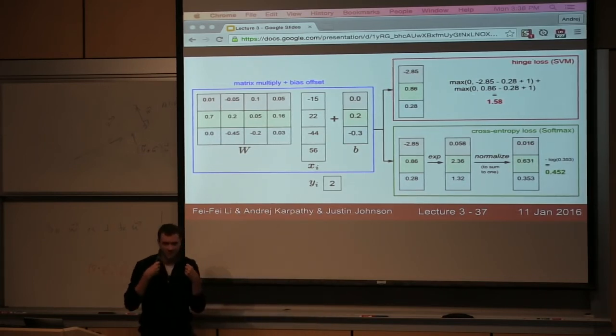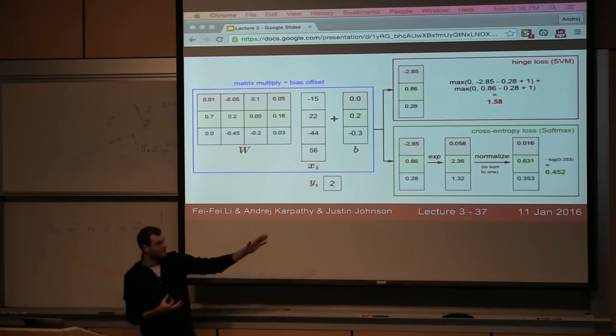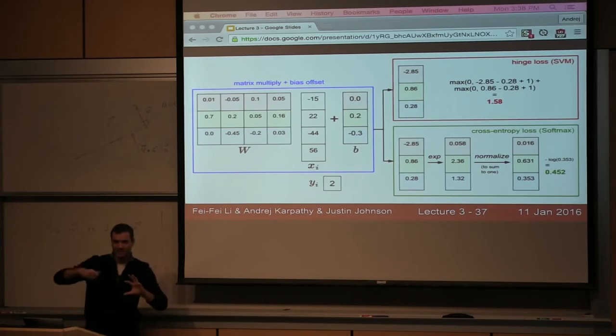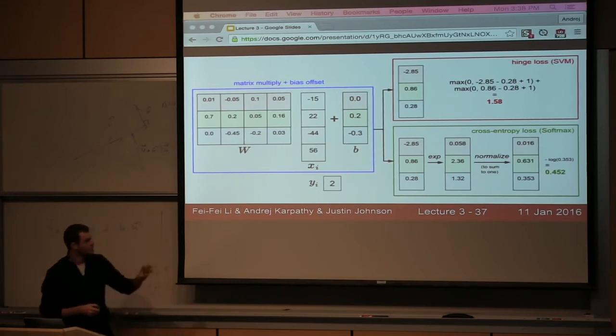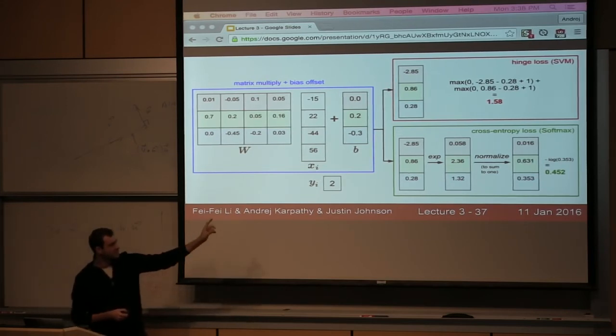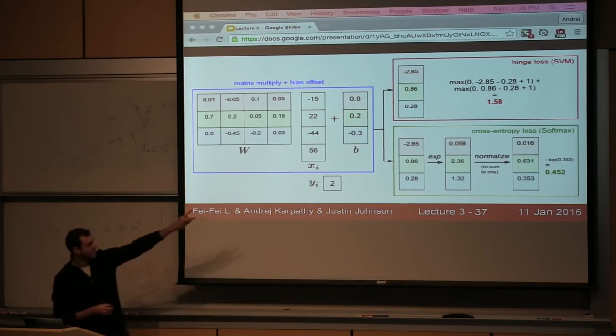Or we interpret them to be unnormalized log probabilities. In this framework, we first want to get the probabilities, and then we want to maximize the probability of the correct classes, or the log of them. That gives us the loss function for softmax. So they start off the same way, but they happen to get a slightly different result. We'll go into exactly what the differences are in a bit.